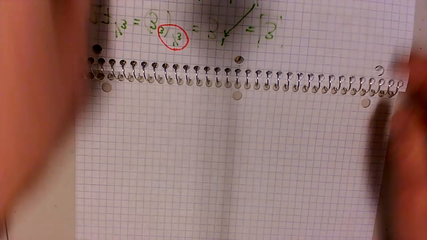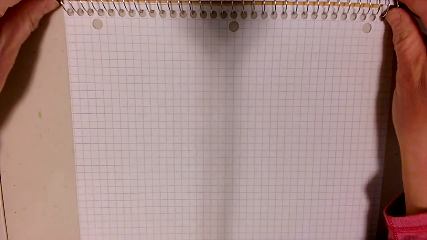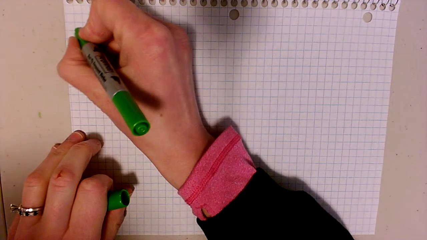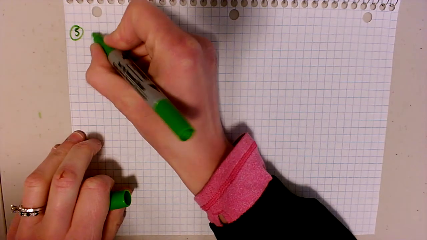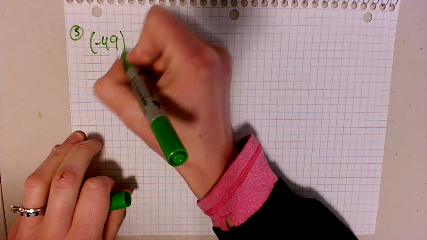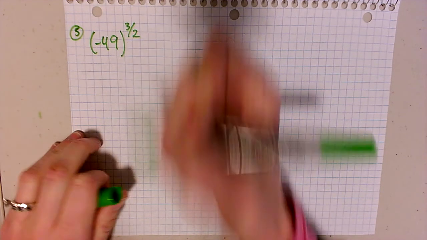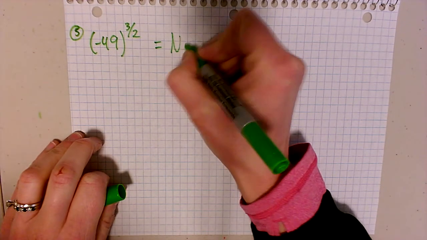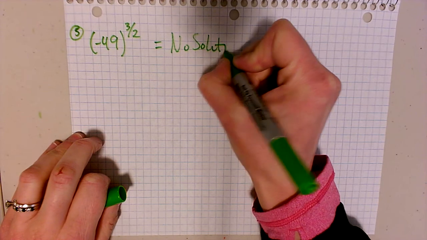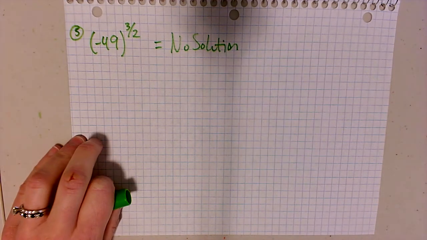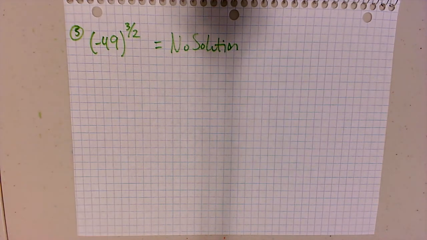Now, number 5 is actually going to be no solution. So for number 5, we have negative 49 raised to 3 over 2, and this is going to be no solution. There are a few things that tell us that this is no solution, okay?